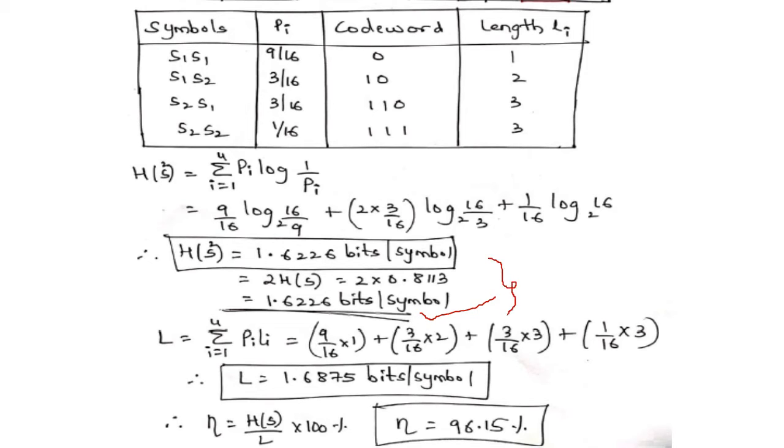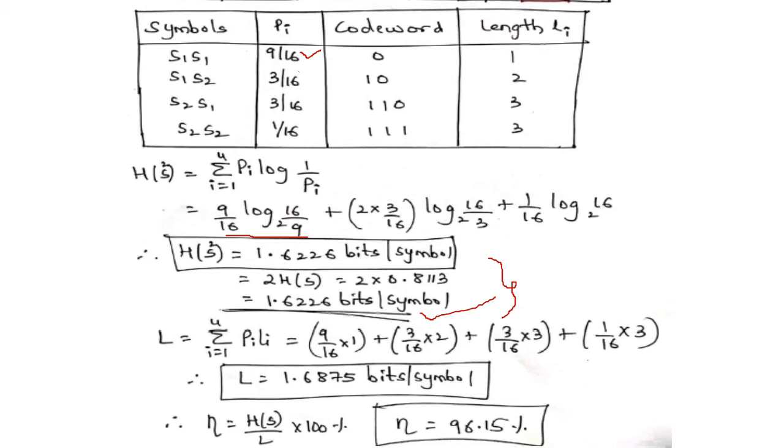We can use this method, or we can refer to this table and compute the second order entropy. Since we have 4 symbols, summation with lower limit 1 and upper limit 4, probability times log of 1 by probability. The first probability is 9 by 16, so 9 by 16 log 16 by 9 term.